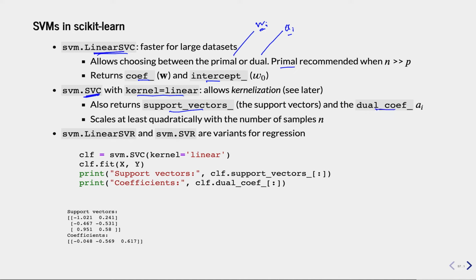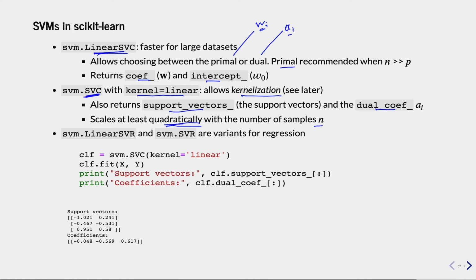Now, this also allows kernelization, so we can change this linear model into a nonlinear model. But we'll see this in the next lecture. But the downside of this one is this scales at least quadratically, and in worst case cubically, with the number of samples n. Right? So it's not the fastest method.